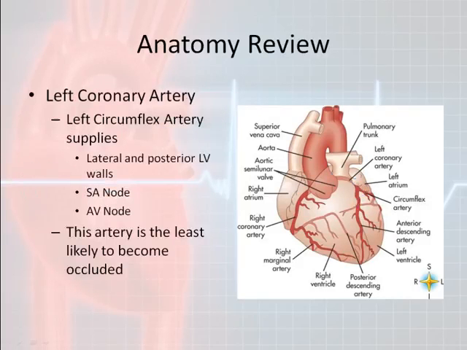The left circumflex artery comes off of the left coronary artery right here and travels back around to the posterior side of the heart. It will supply blood to the lateral and posterior left ventricular walls.